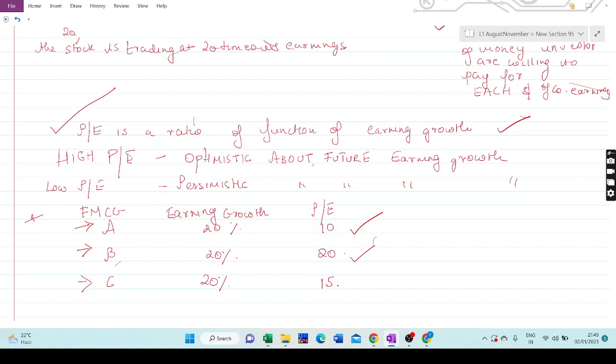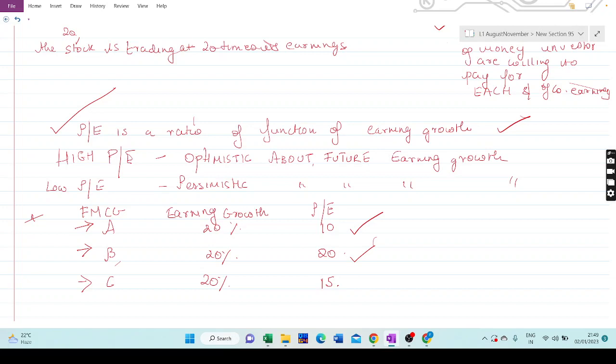So we are paying less when we buy stock A. Guys, can we understand this? Yes, sir. We are paying less to buy the same earning growth when we buy stock A.